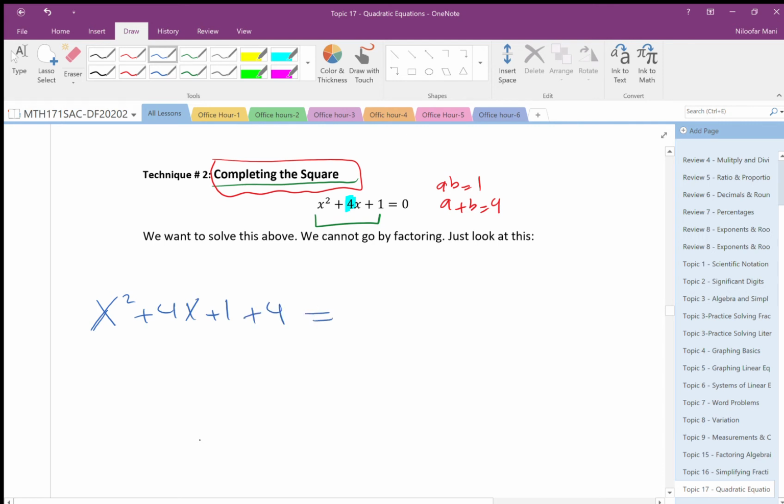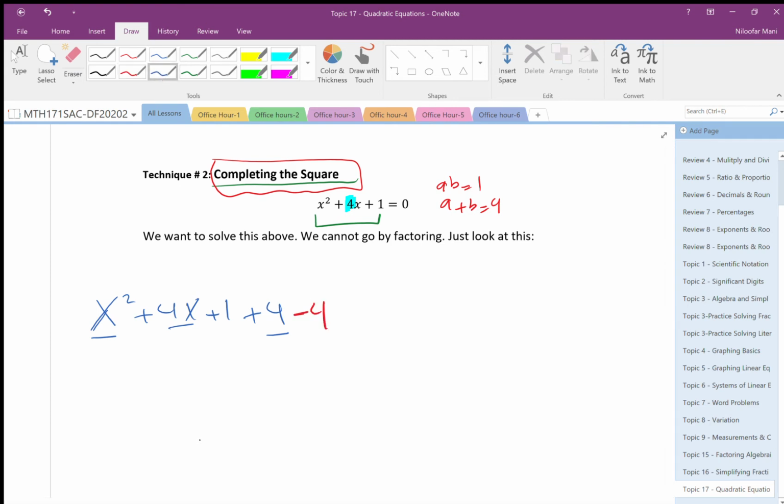You would say, okay, I know I can consider this and this, and I can say it is x plus 2 squared plus 1. Oh, it's easier for me because then I can put equal 0 and I can find the answer like those examples at the beginning of the lesson. Then you would say, but you changed the question because you added 4. Okay, then I say, how about when I add 4, I subtract 4 at the same time. In this case, I didn't change my question.